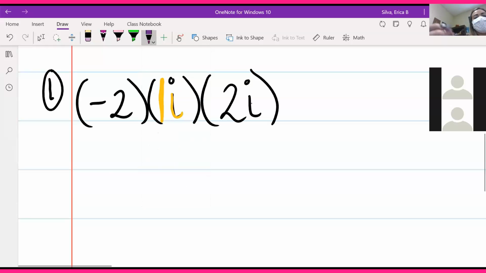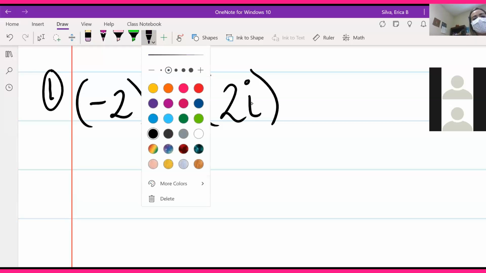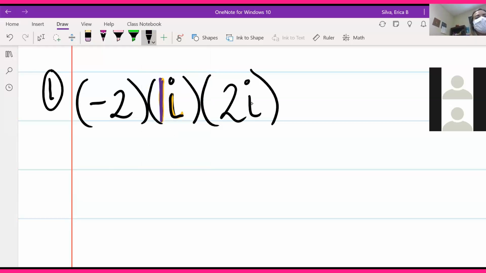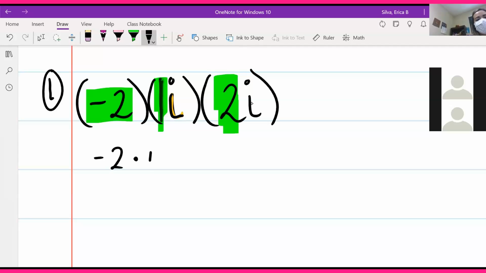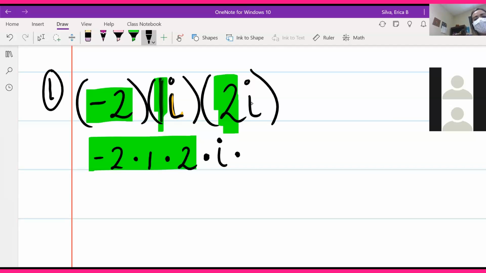So whenever there's no coefficient, we always put a 1. So this is actually 1i. So we're going to multiply all of our numbers first. So we've got -2 times 1 times 2, and then times i times i.